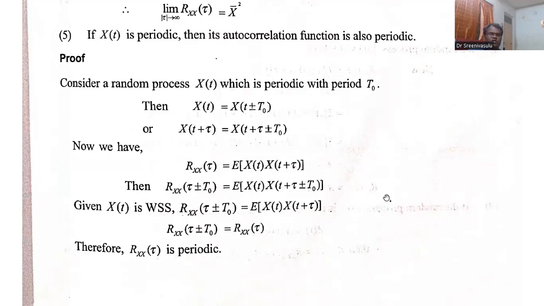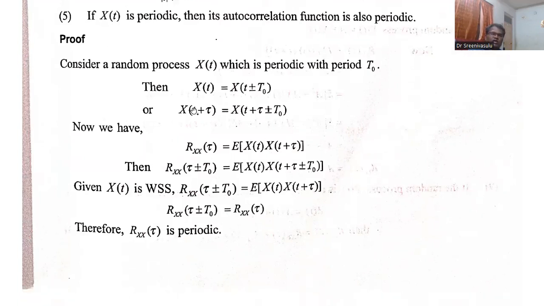Now next one is, if x of t is periodic, then we need to prove what the autocorrelation function is. Like any signal, what is the condition for periodicity? X of t is equal to x of t plus or minus some fundamental time period t naught, whether it is a delayed signal or an advanced signal.